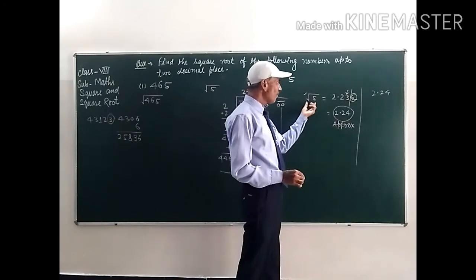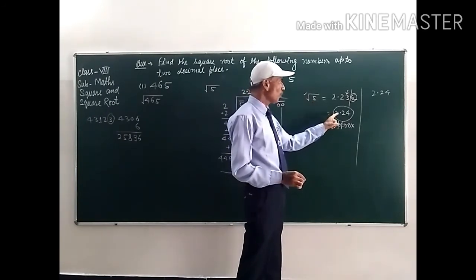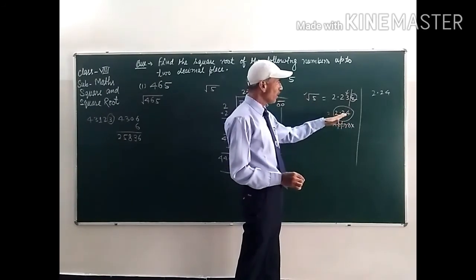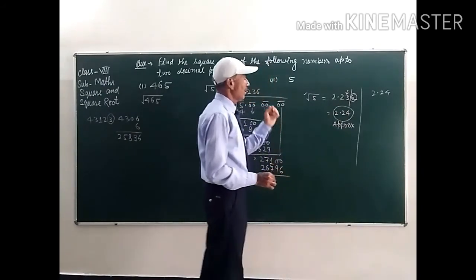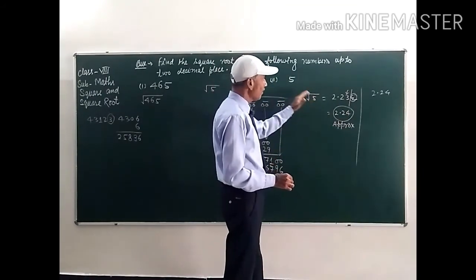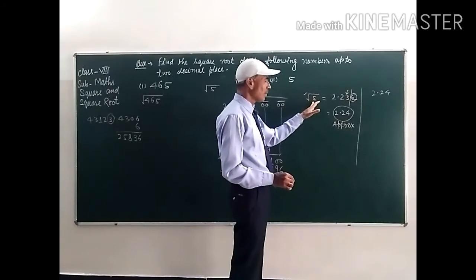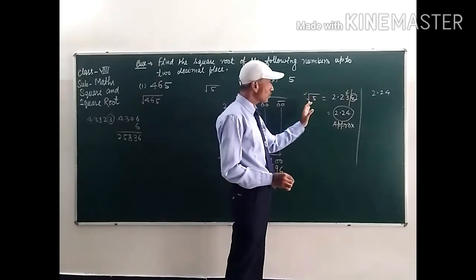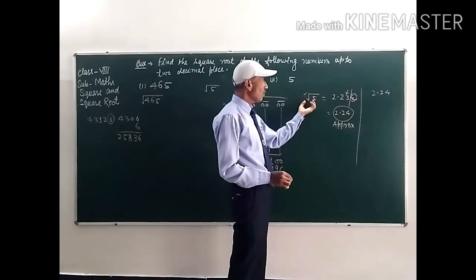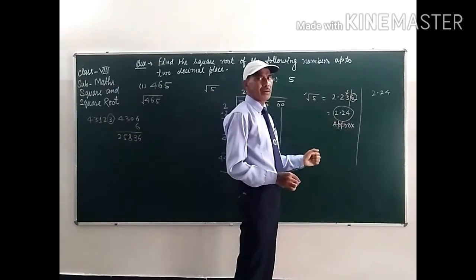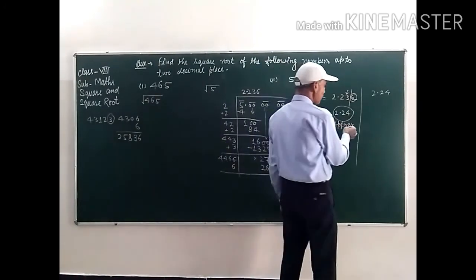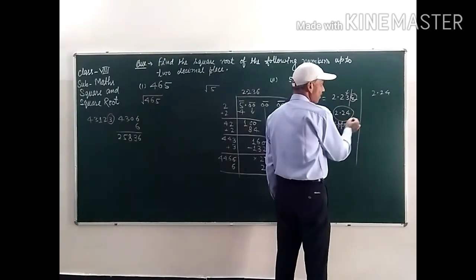The square root of 5 is 2.24 because you are going to find the square root up to 2 places of decimal, because this number is not a perfect square. So you have to find its square root to the nearest place of decimal. So we have written approximately here.